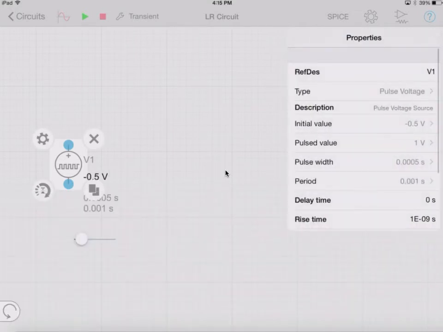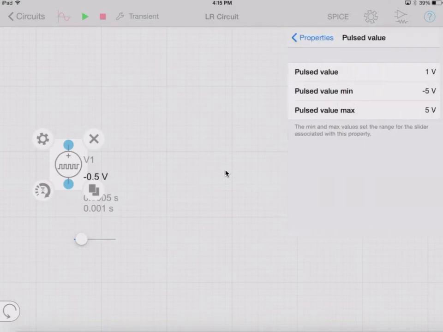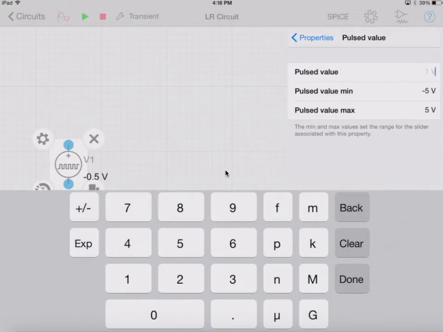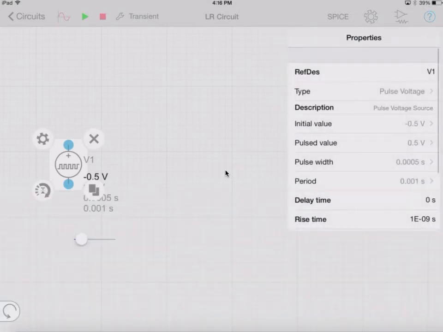And then we have the initial value, the pulse value, and the pulse width. And so right now, we'll just leave everything else the same. I don't know how to put the frequency in this particular one, but that's okay. So we could put it in the pulse width, but aside from that, let's just keep going.